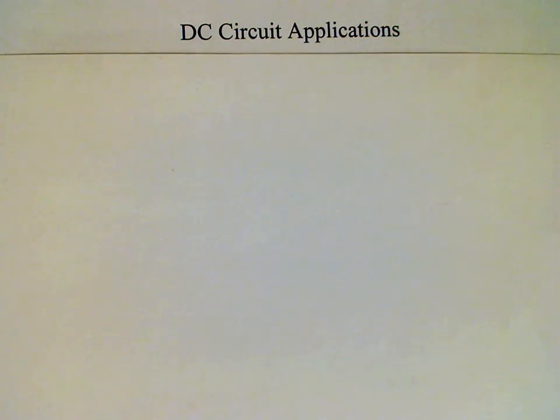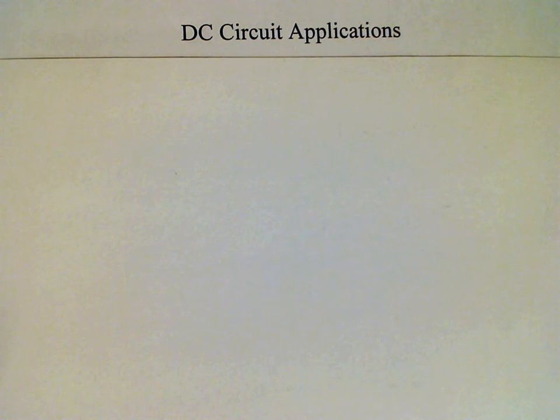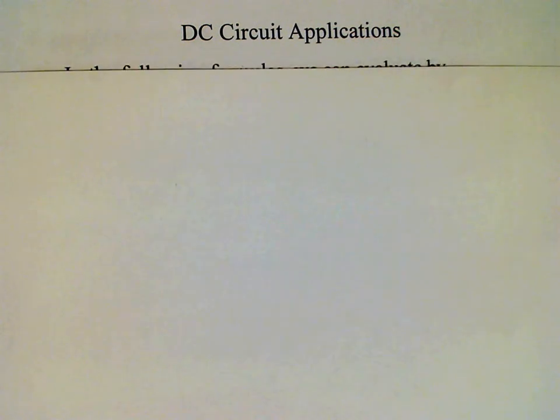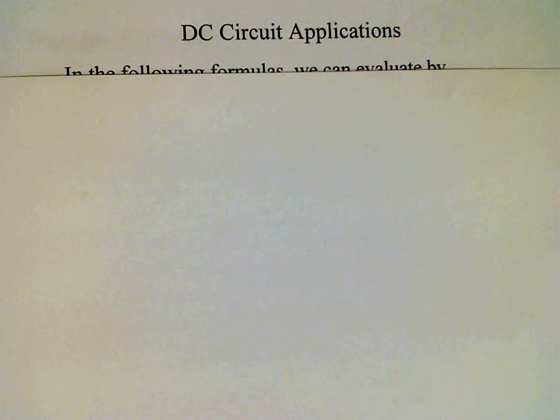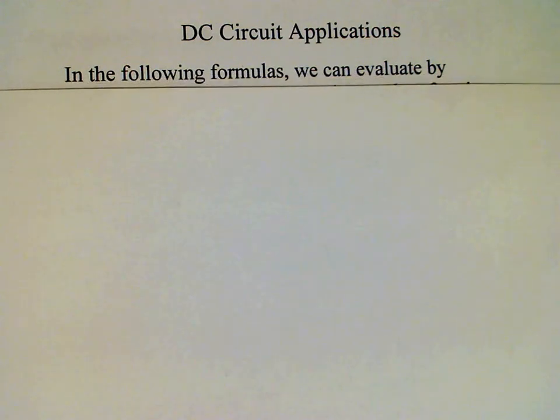Most of the applications that we will see in this course come from electricity. And so we're going to go ahead and look at some simple formulas from DC circuits.